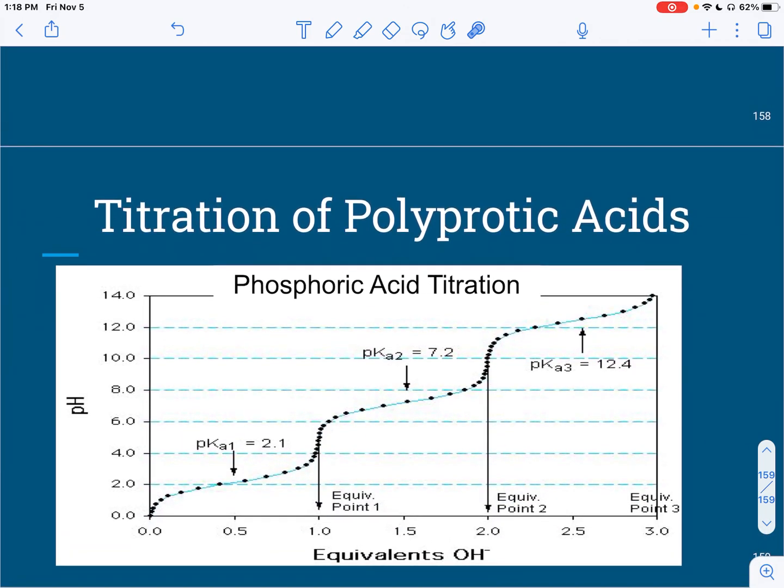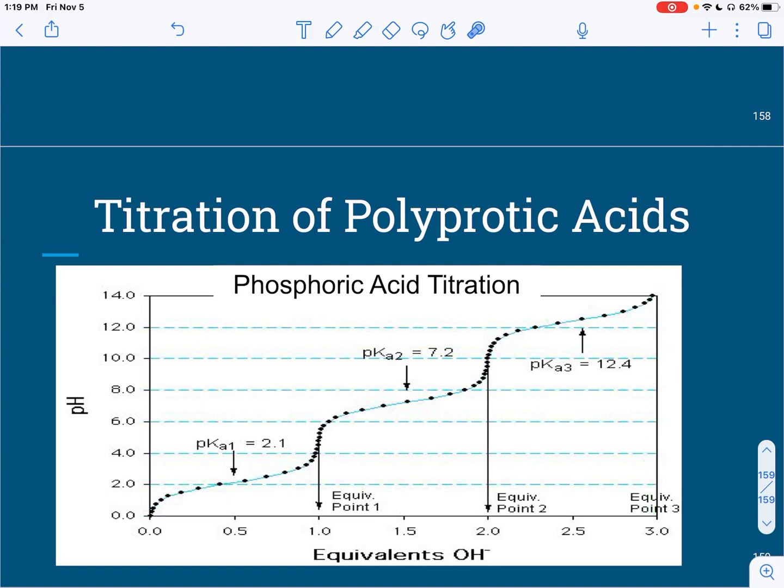So a titration curve for a polyprotic acid looks like this. This is phosphoric, so we have 3 Kas. You can see it looks like the titration curves that we've looked at before, except 3 of those little horizontal parts, and then we have 2 equivalence points. So this is going to be when the first H is neutralized, and this is when the second H is neutralized, and then the third one's over here.